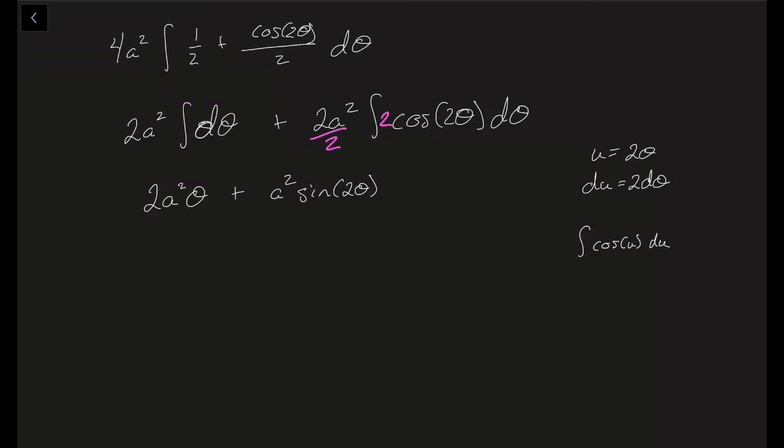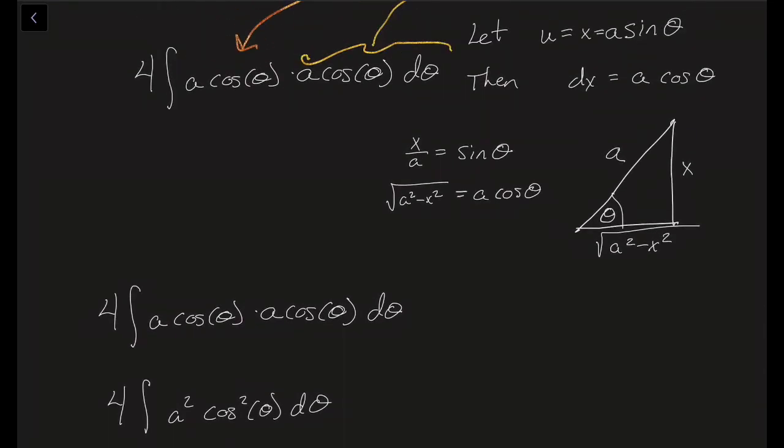Now, what else can we do here? Well, we can factor out that a squared, so we get a squared times 2 theta plus sine 2 theta. And now let's see what theta is, because we have to substitute it back if we're going back into the x world.